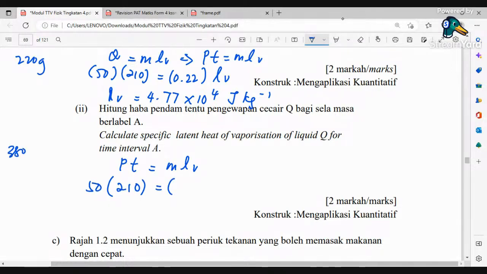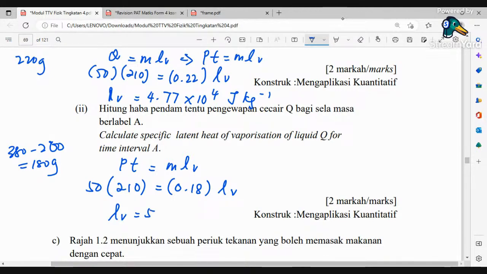380 minus, just now, 280 minus 180. So convert to 0.18 kg. LV. So you find LV. 50 times 210 divide by 0.18.